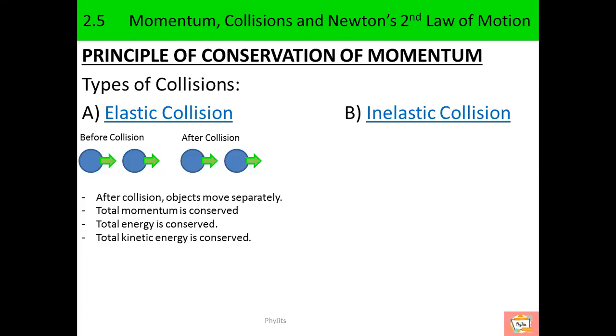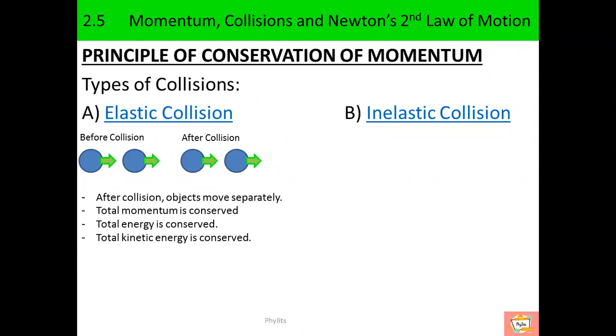So if before the collision, object A kinetic energy is 5 joule and object B we make it 10 joule, but after the collision, object A has increased to 8 joule, object B must reduce to 7 joule because the total must remain as 15.